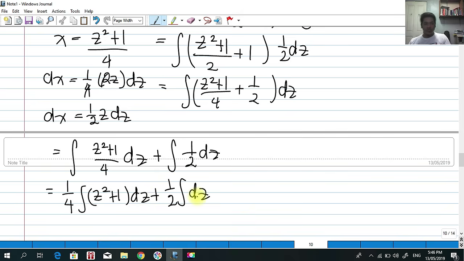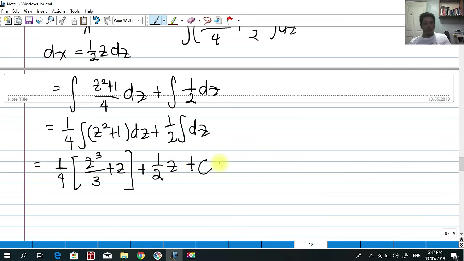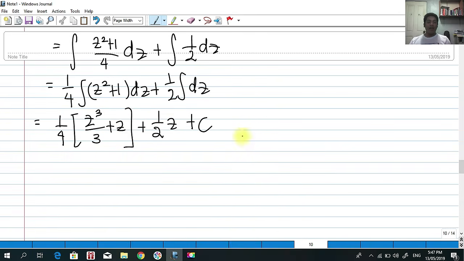simply the integral of dz. So we have now 1/4 times the integral, which is z cubed over 3 plus z, plus the 1/2 z plus, don't forget, the plus c. So again, we have to distribute: z cubed over 12 plus z over 4 plus z over 2 plus c.